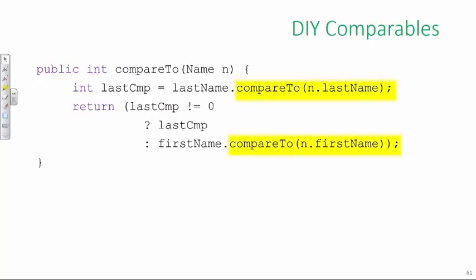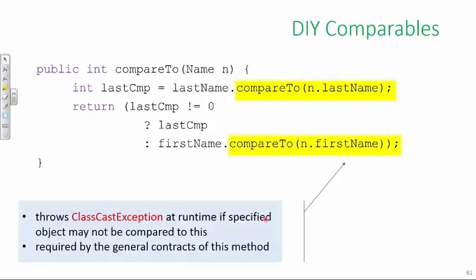the compareTo method. The implementation is relatively straightforward. We start by comparing the last names, and we store the result of that comparison in a variable lastComp. If lastComp is different than 0, where 0 would mean that they are the same, then the result is lastComp. They are different, so one last name comes before the other last name.